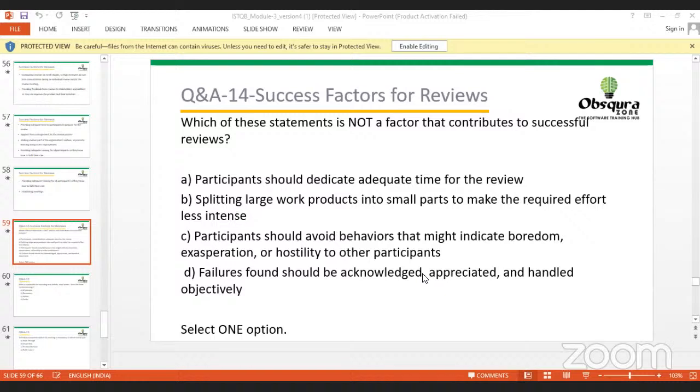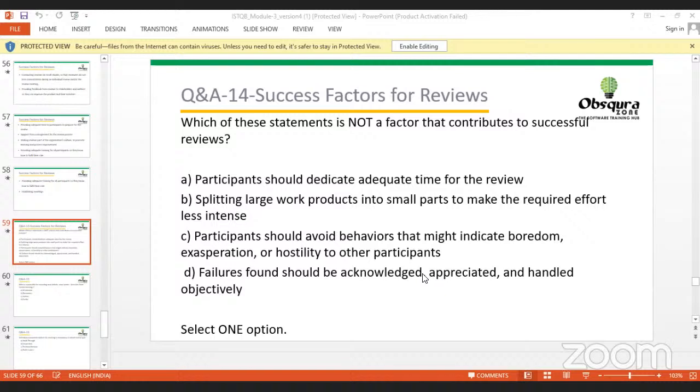That defect turns into a failure after the dynamic testing. So that is not a successful review, right? The failure should not be acknowledged or appreciated or handled. If instead that word were defect, then 'defects found should be acknowledged, appreciated, and handled objectively' would have been correct. But it is failures, so that is not a factor that contributes to a successful review.